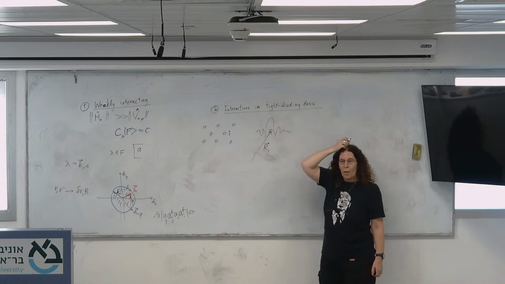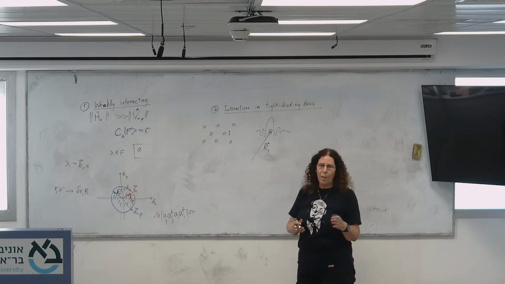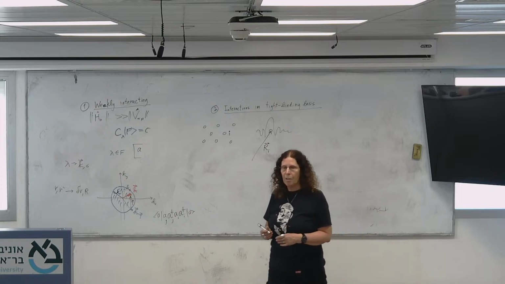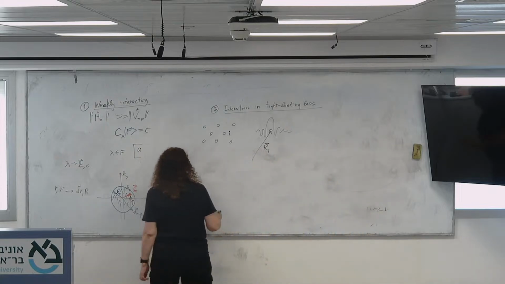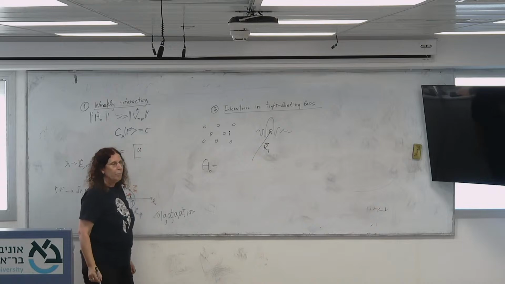So if I want to write a general Hamiltonian describing electrons in such a system, and I first write the H naught, how does it look?